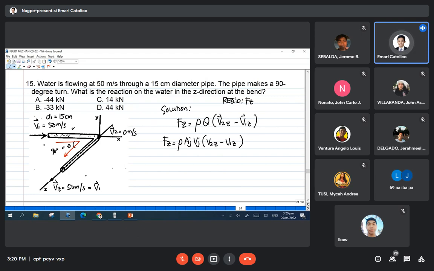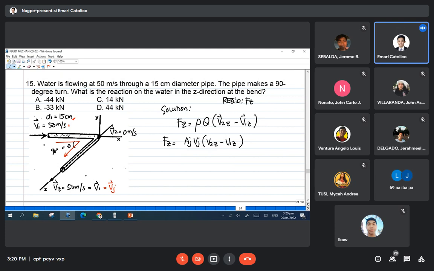So si density, water naman siya. Area, may diameter ka, which is 15. Velocity ng jet, yan yung velocity 1 mo, 50 meters per second, or equal din siya sa velocity ng C. V2, 0, V1.